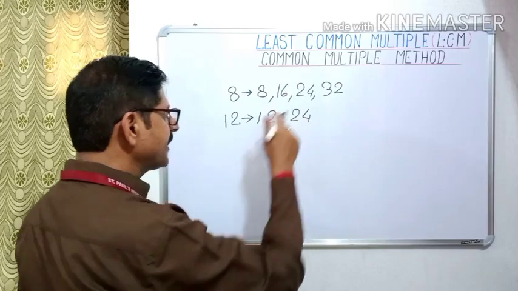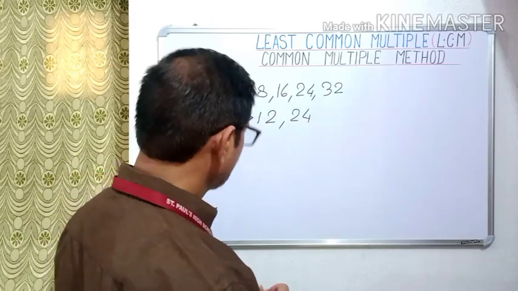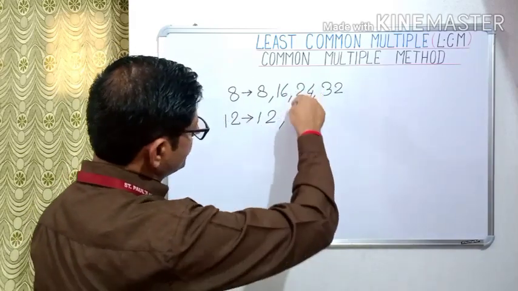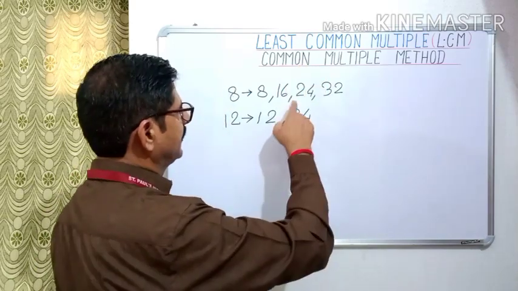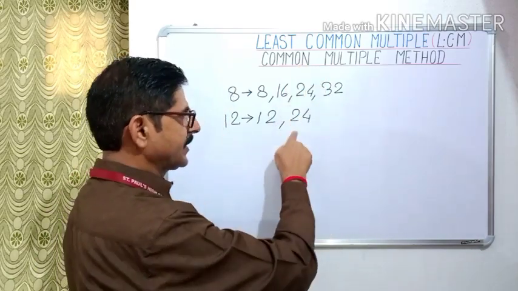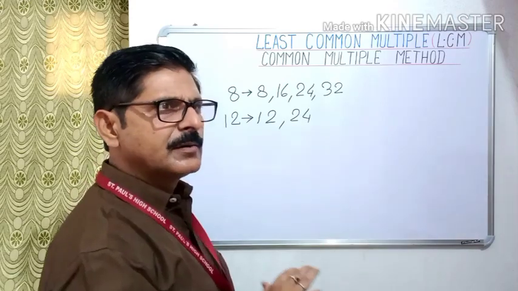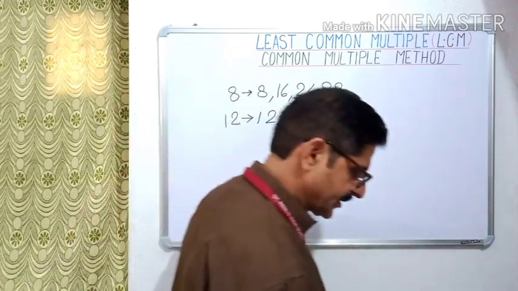You need to keep an eye on the thing that as soon as we get a common multiple, for example 24 is here, 24 is here, you need not write any more multiples.